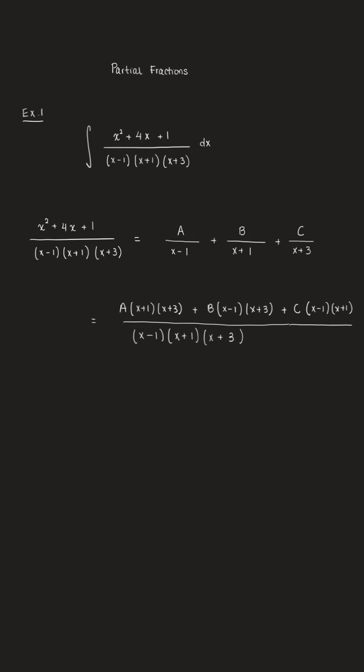Okay, now, since we have a fraction here equal to another fraction here, and they both share the same denominator, that has to mean that the numerators are also equal to each other. Otherwise, it can't happen, right? So we're going to just set those numerators equal to each other.